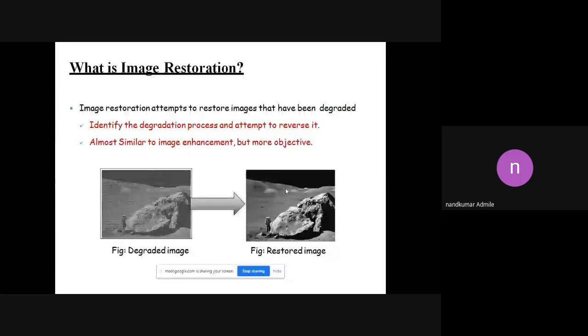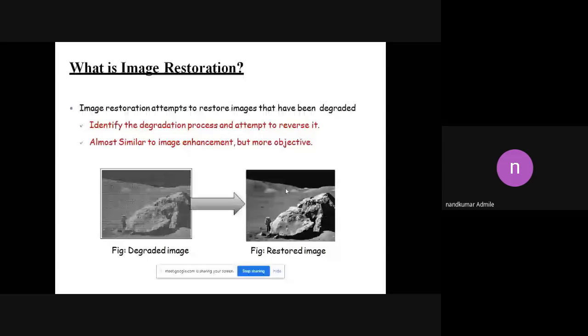Whatever various noises are in an image, those noises can be removed by using image restoration. If we observe the image, then we understand the concept. Observe the degraded image and the restored image.